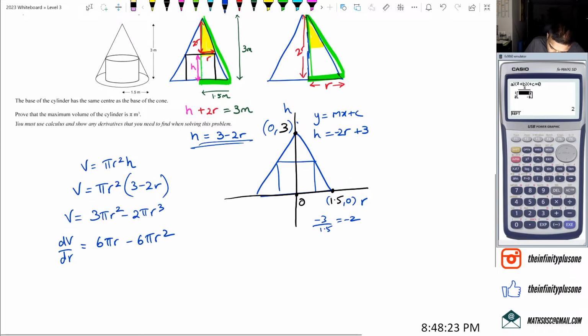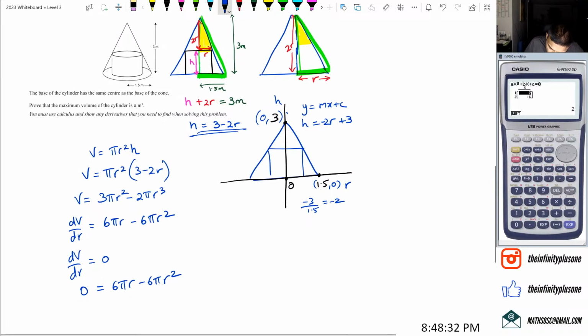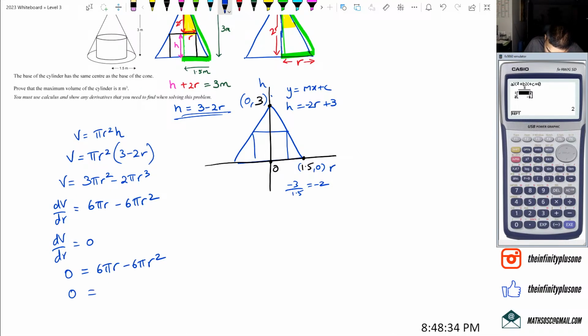We know that dV/dr is equal to 0 for max. So 0 is equal to 6 pi r minus 6 pi r squared. I'm going to take 6 pi r as a common factor, which means I'm going to get (1 minus r).